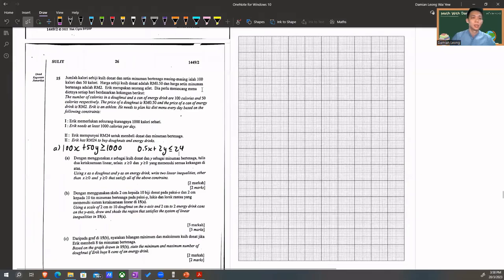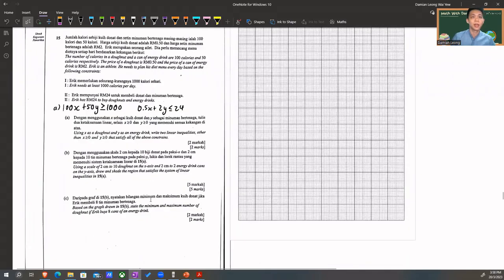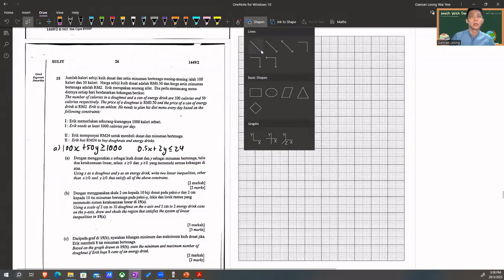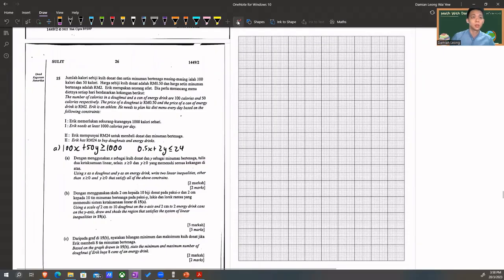And part B. So scale is always given. They say 2 cm to 10 donuts on the x-axis and 2 cm to 2 energy drinks on the y-axis.